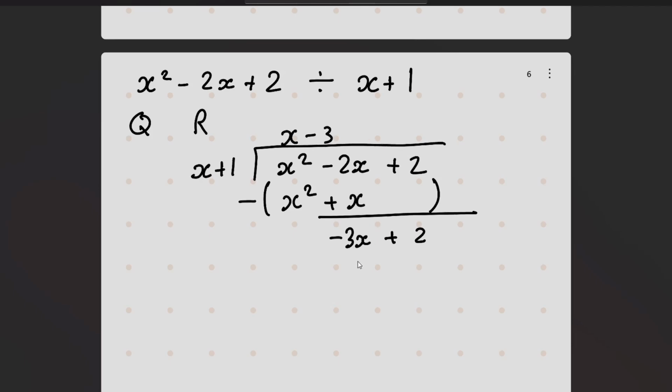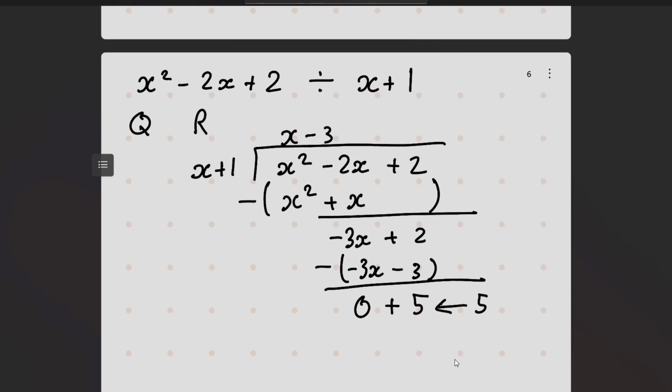So negative 3, and again parentheses, negative 3x, negative 3, minus 3. And now you get 0 here and 5 here. So your remainder in this case is 5, and your quotient in this case is x minus 3.